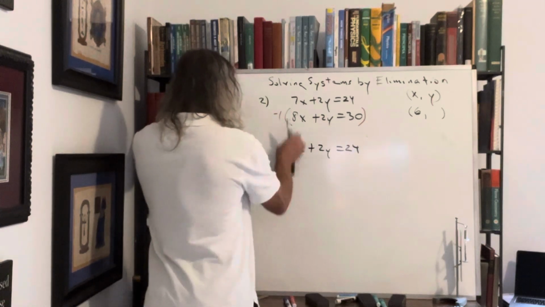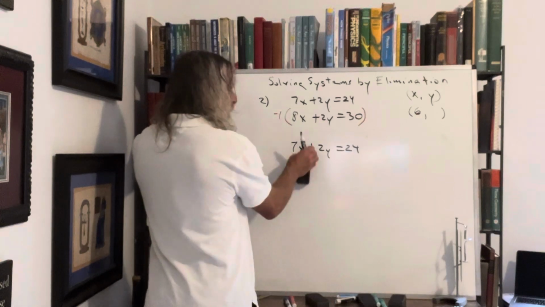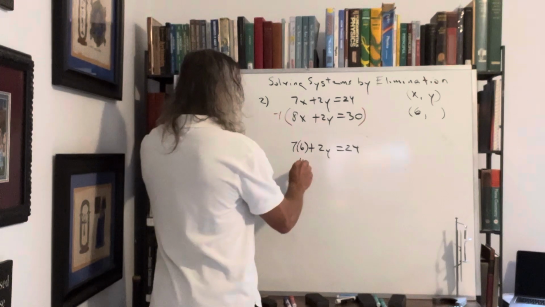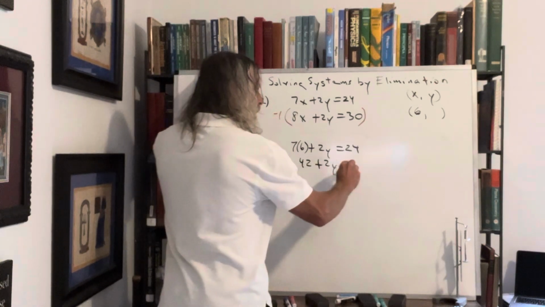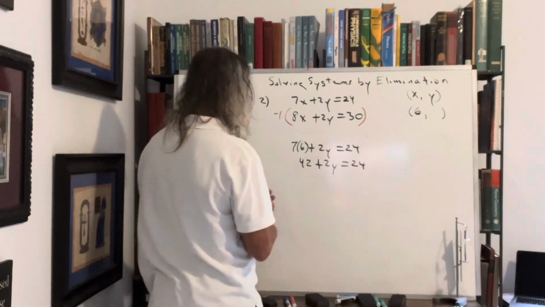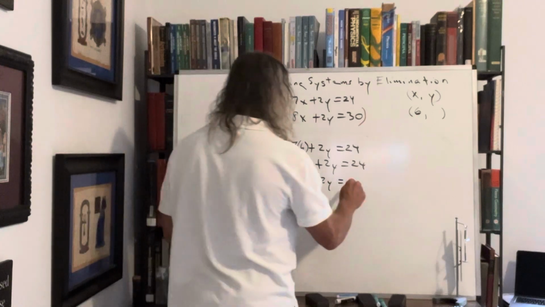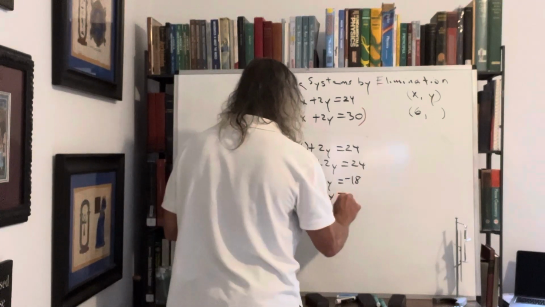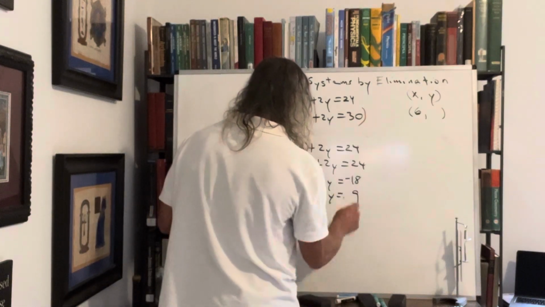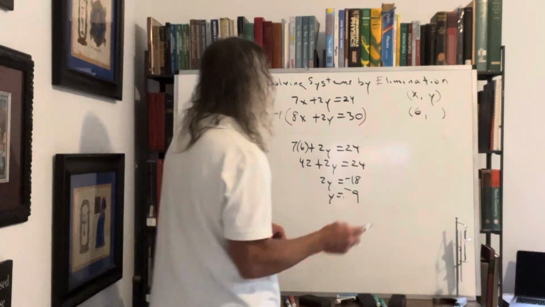And we found out that x is 6, so we can put a 6 in place of it. 42 plus 2y is 24. Subtract 42. 2y is -18. Divide by 2: y is -9.